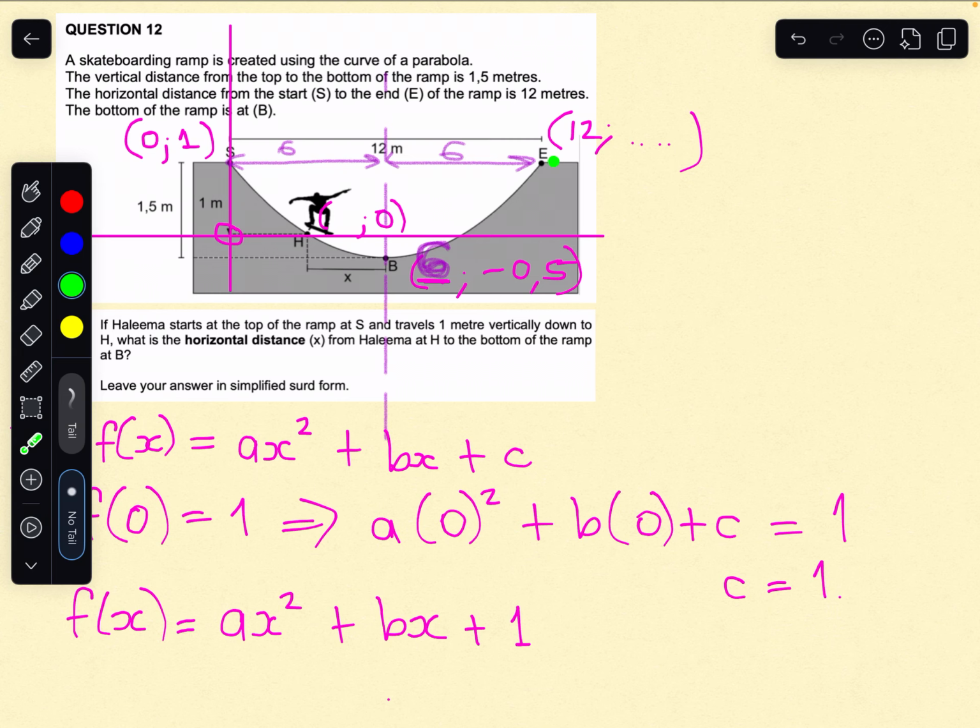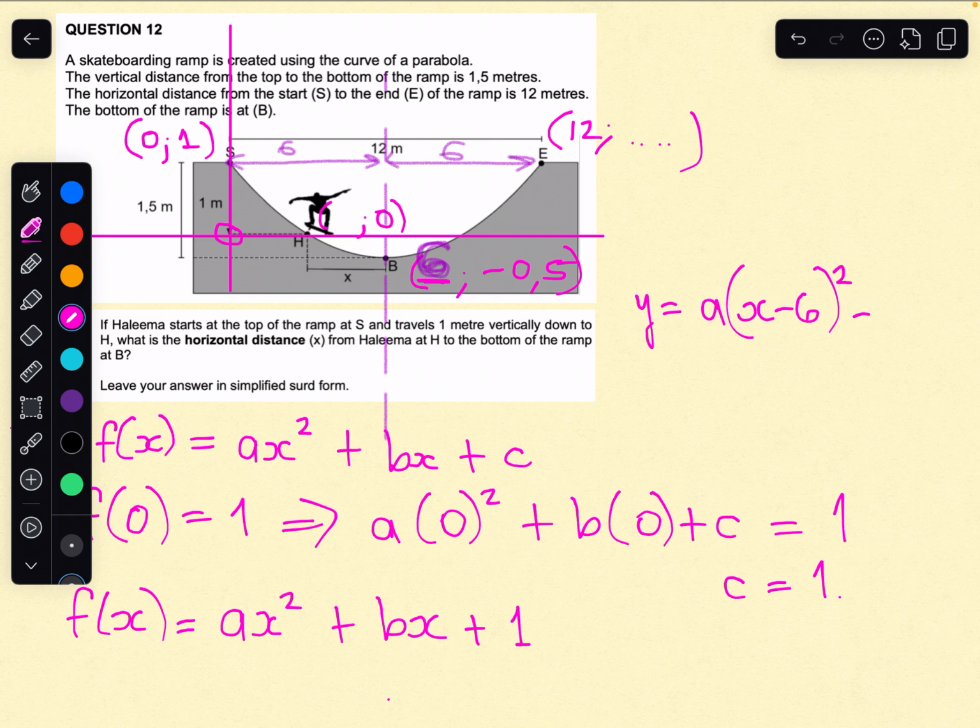The nice thing about doing that is then you have the turning point at 6 and negative 1.5. Having this turning point, I could have used turning point form, y is equal to a times x minus 6 squared minus a half. And then all I would have needed to do is sub in 0, 1 to solve for a.